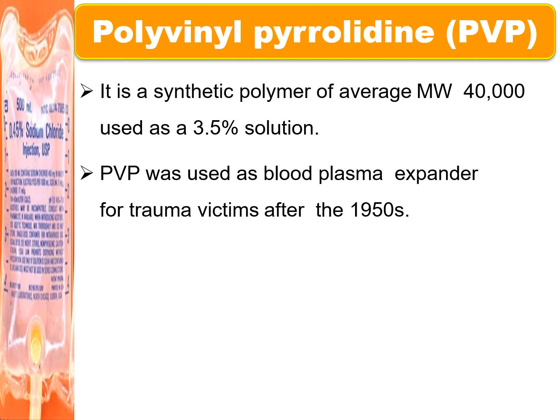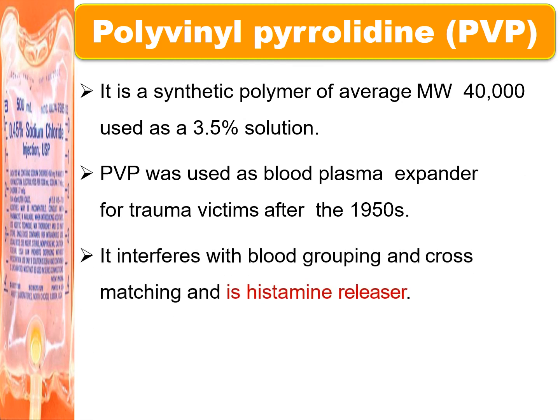It is the oldest plasma expander and has some disadvantages: it interferes with blood grouping and cross matching, and it is also a histamine releaser. The major disadvantage is that it binds with penicillin and insulin. So nowadays it is rarely used clinically.